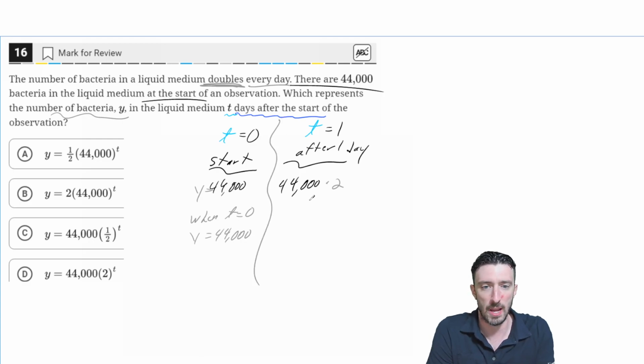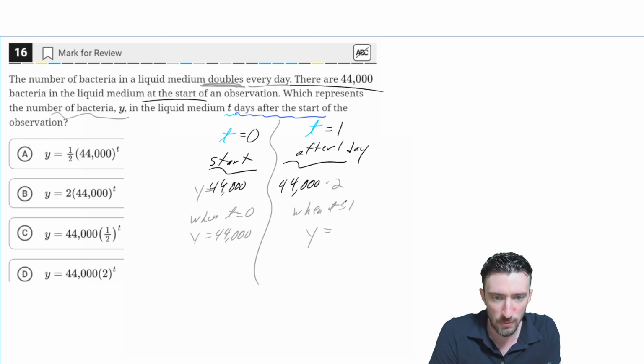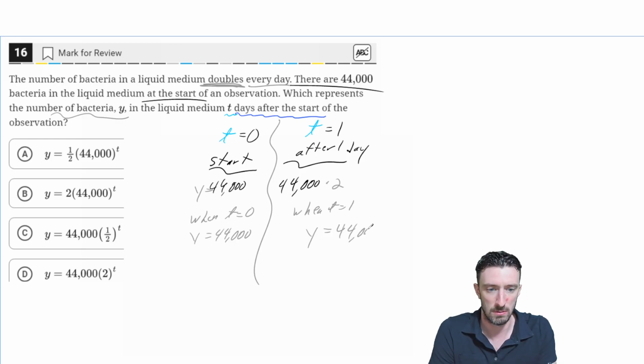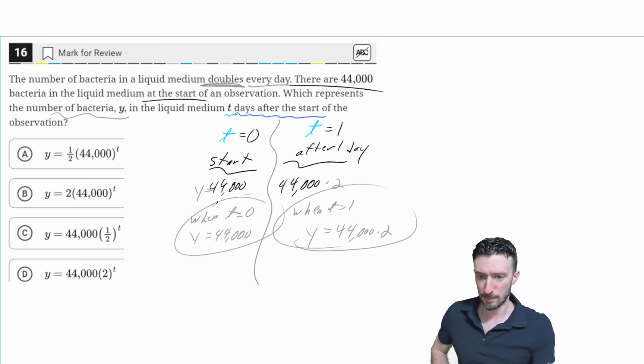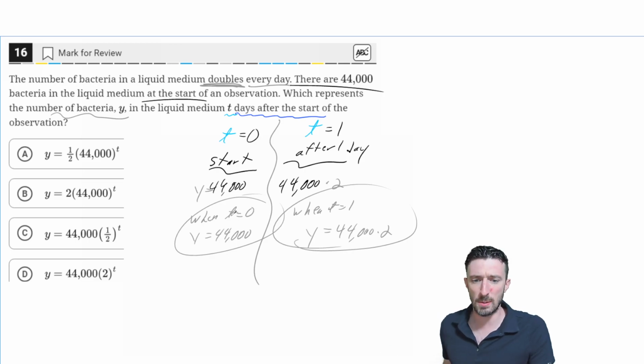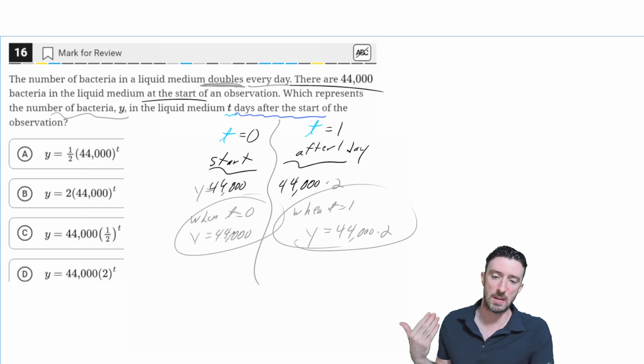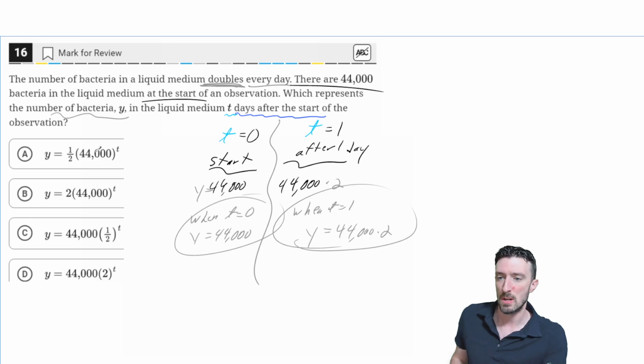Also, when we look at the other guy, when T is equal to 1, Y should be 44,000 times 2. Okay, so that's basically our key here. So let's get started with plugging in 0 for T and praying we get 44,000.